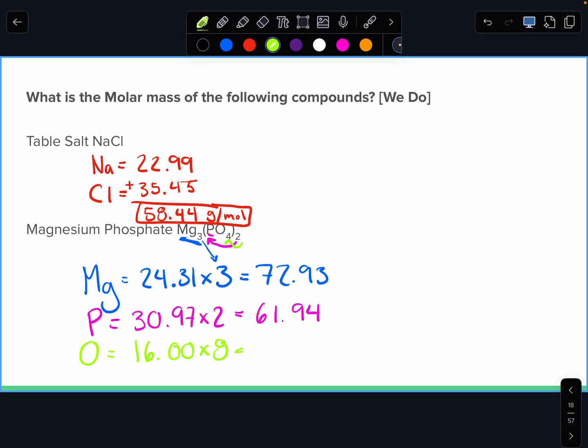So 128. And then I'm going to add all these up together. And I got 262.87 grams per mole.